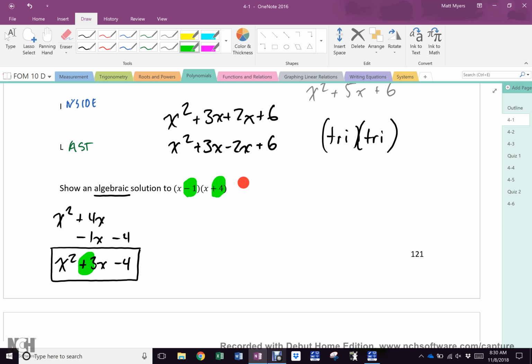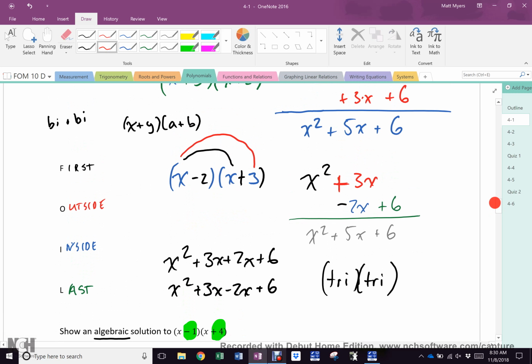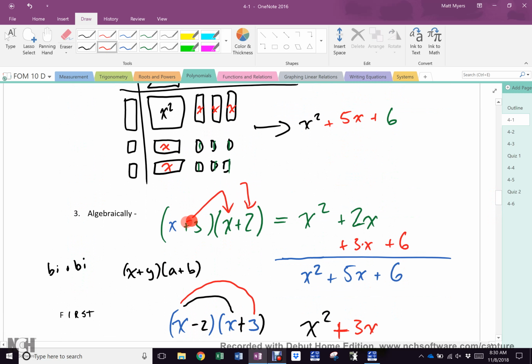What is it, Harsh? Negative 1 plus 4 equals 3. Negative 1, 4, 3. Now, I want you to go back up to right here. Is there a connection between positive 3, positive 2, and 5? 2 plus 3 is 5.